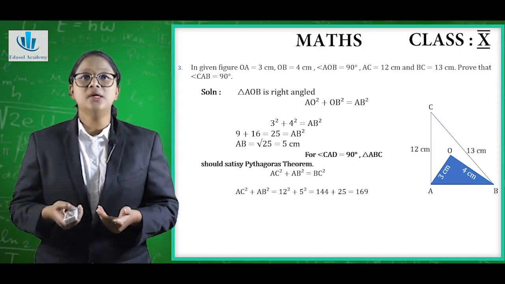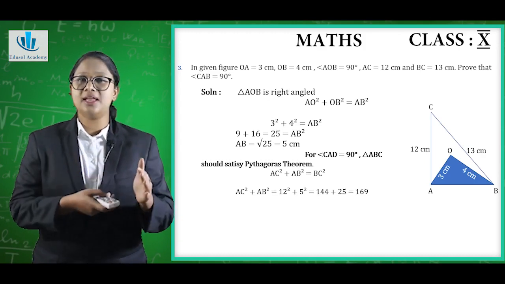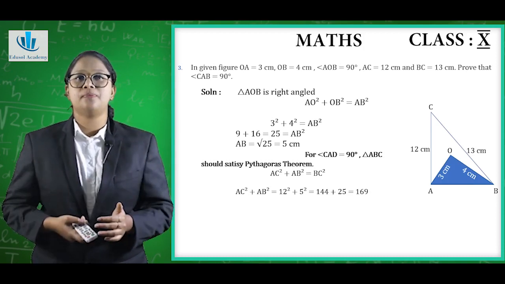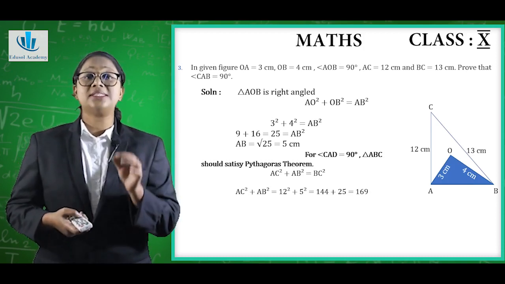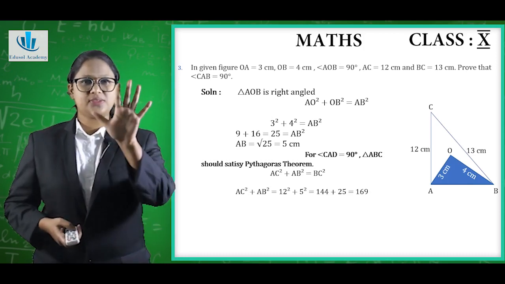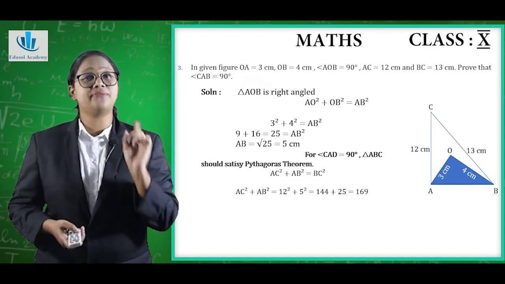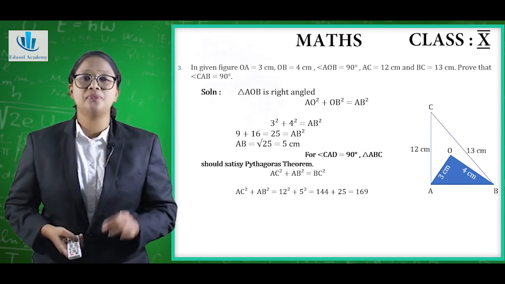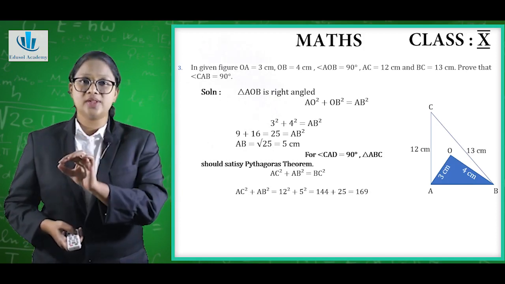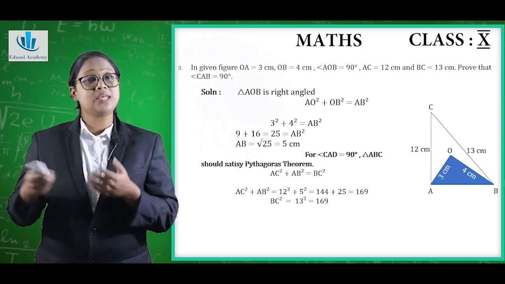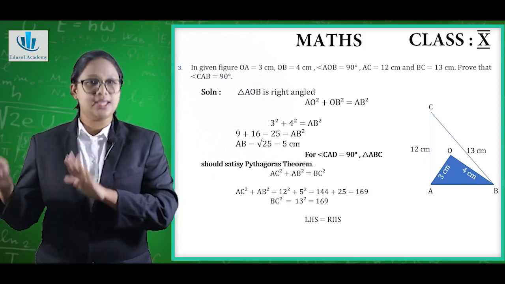So let's begin with the left hand side, that is AB square plus AC square. What is AB? We have got it as 5. So AB square will be 5 square. Now AC square will be 12 square. 5 square plus 12 square is equal to 25 plus 144. The sum is 169. Let it be there.